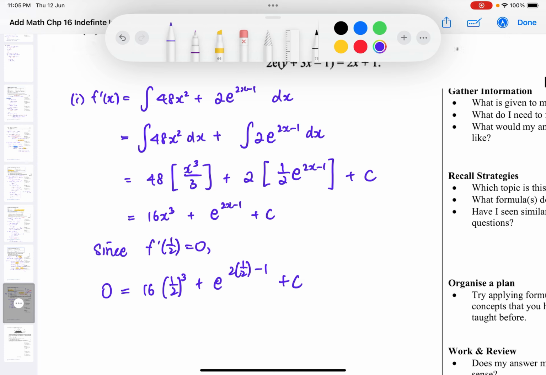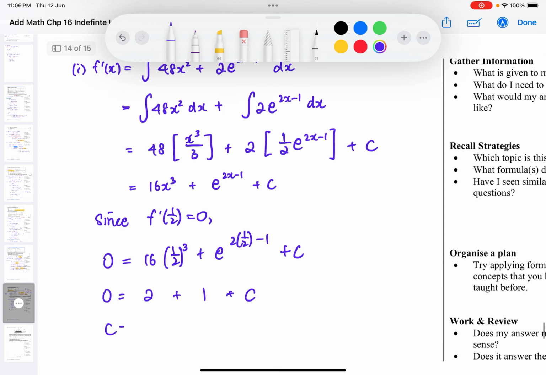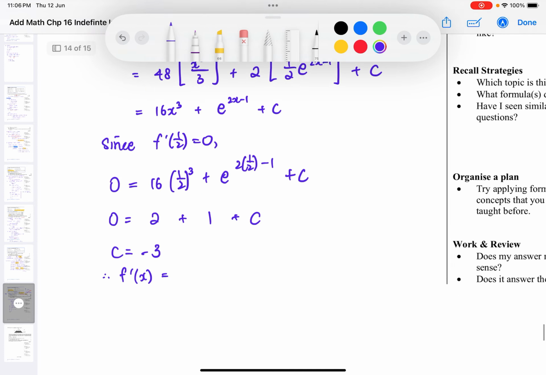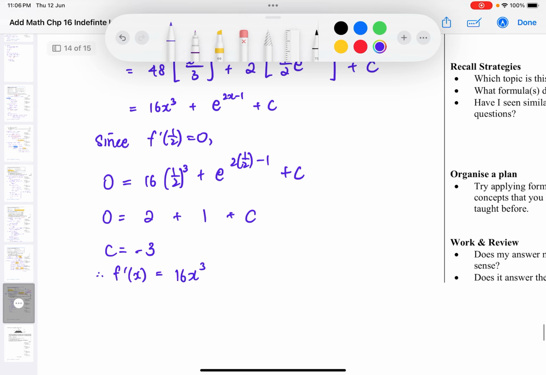This will be simplified: half to the power of 3 is 1/8, so 16 times 1/8 is 2. e to the power of 0 is 1. So c is just negative 3. That answers the first question. f prime of x is 16x cubed plus e to the power of 2x minus 1 minus 3.